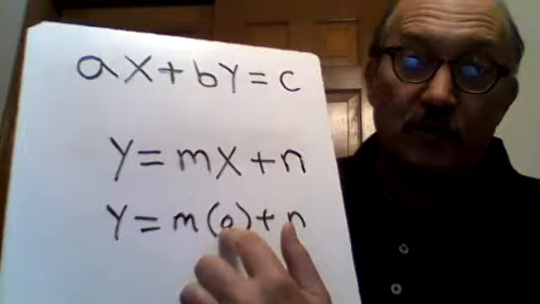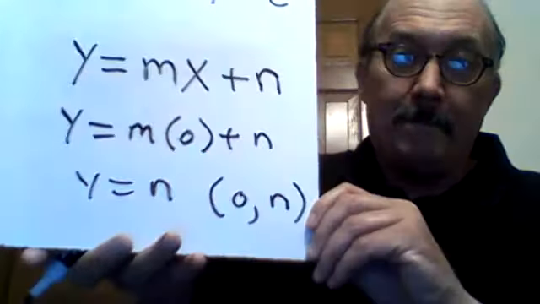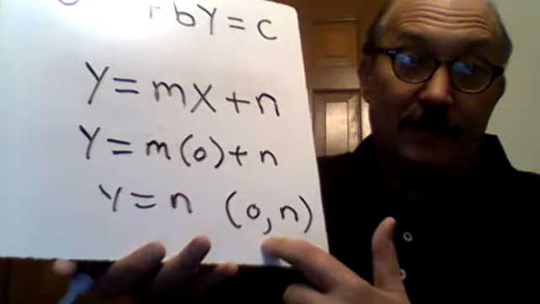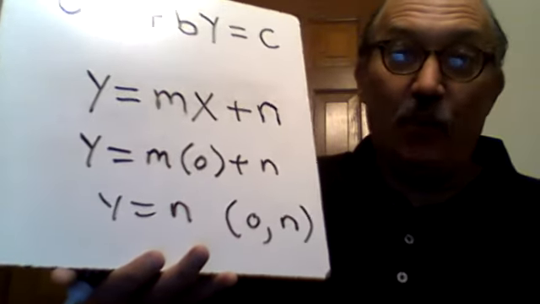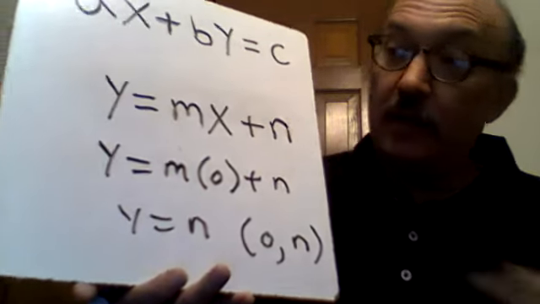M times 0 is 0, plus n is n. So the y is n when the x is 0. Let me write that this way, 0, comma n. Okay? This point is on the y-axis. So that n is the y-intercept of the line.